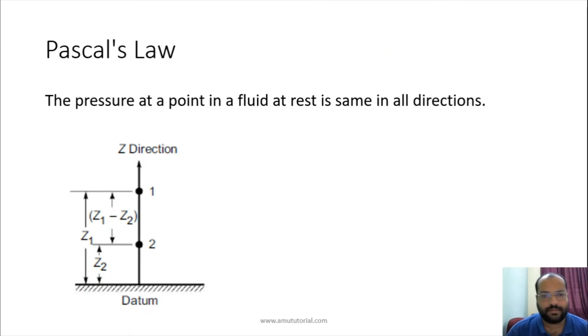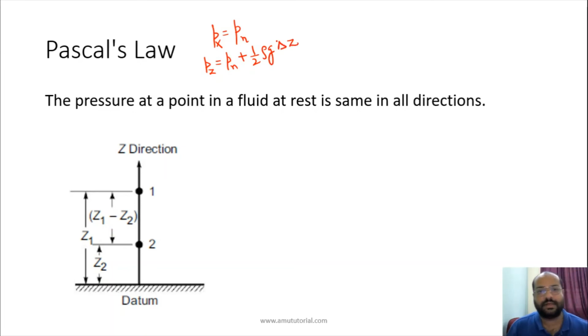Now come to Pascal's law. In the previous example, we have studied that Px is equal to Pn, and Pz is equal to Pn plus half rho g times delta z.